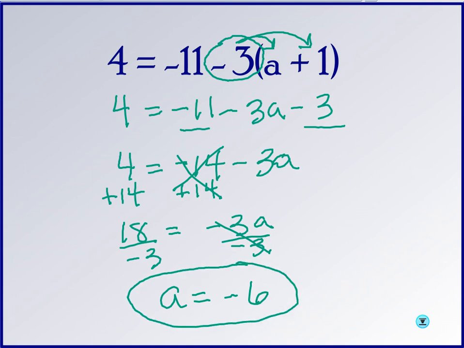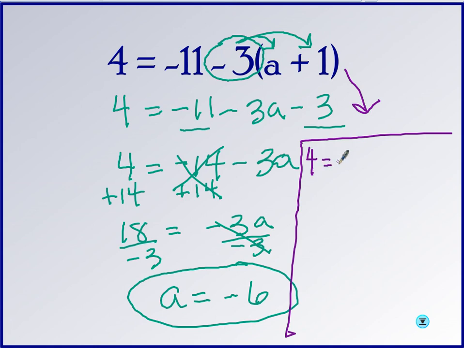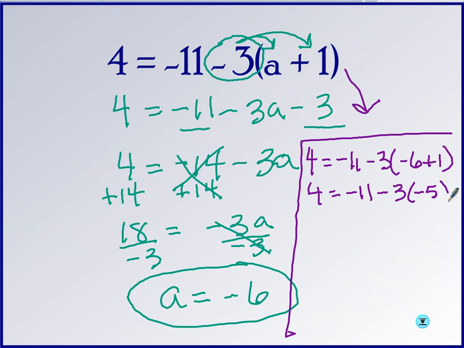I'm going to make sure, though, by plugging it into my original equation. I have 4 equals negative 11 minus 3 times (negative 6 plus 1). 4 equals negative 11 minus 3 times negative 5 when I combine what's in the parentheses.